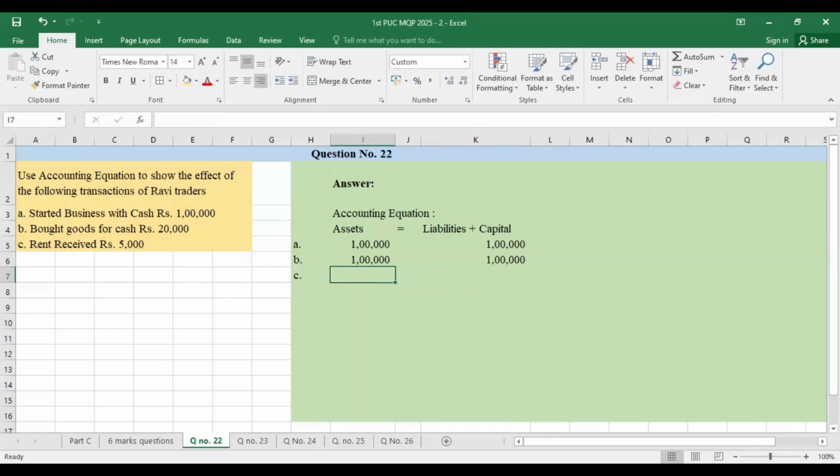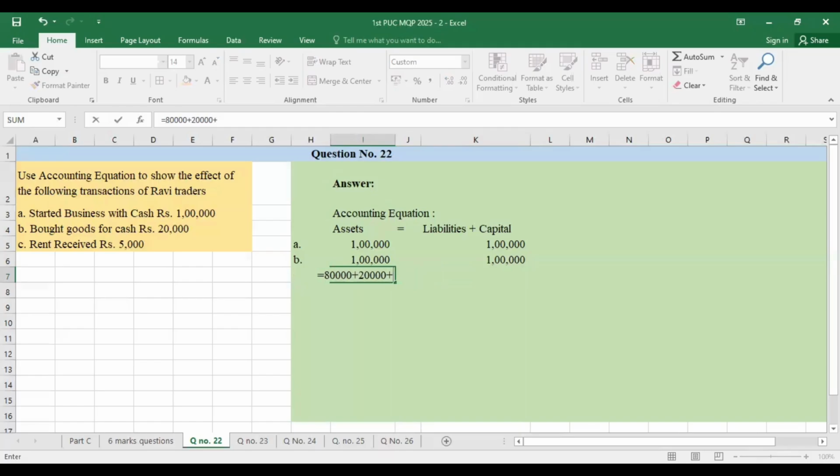Next, rent has been received, 5,000. So here, cash balance was 80,000. That is, 20,000 was paid for goods and stock value is 20,000, and rent has been received.